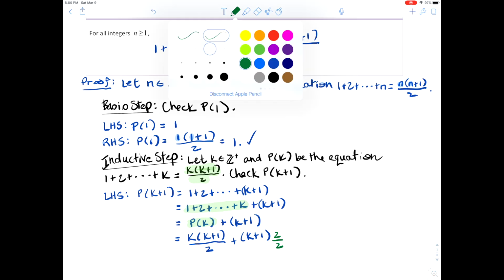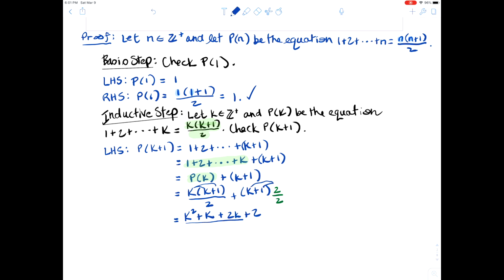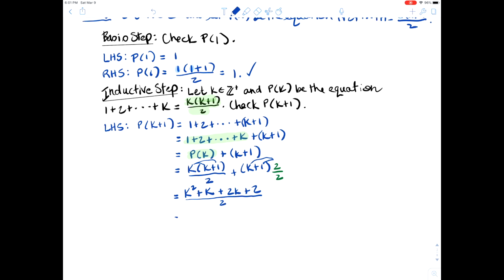So when we multiply numerator and denominator by 2, we will get K squared plus K. So I distributed the K through the top two factors in the first term, and then plus 2K plus 2, and that's distributing the 2, and it's all over 2. Good so far? All right, then we'll have K squared plus 3K plus 2 all over 2.